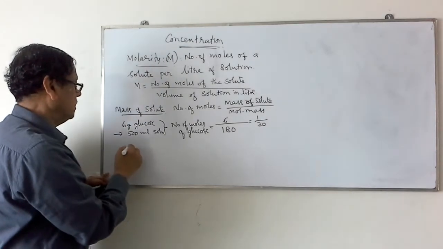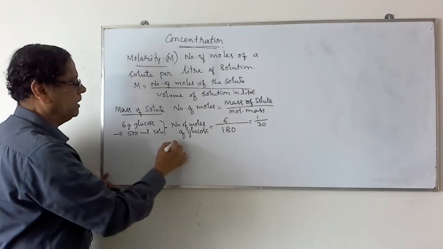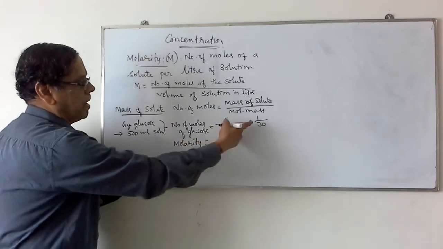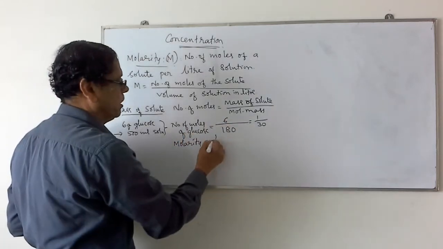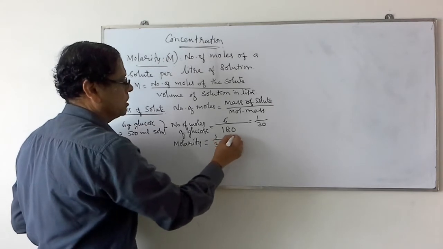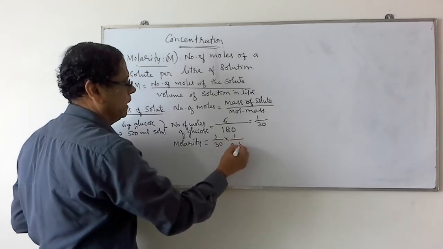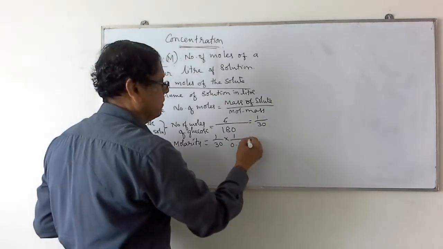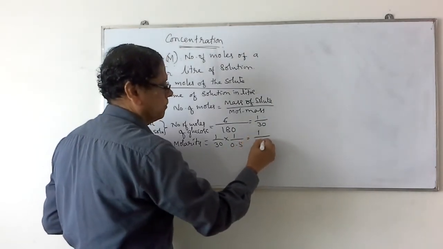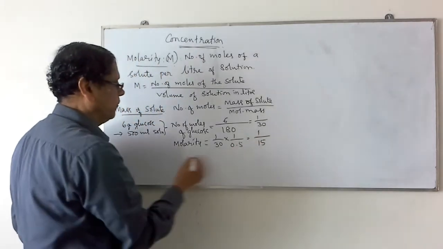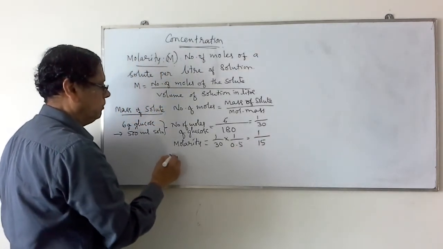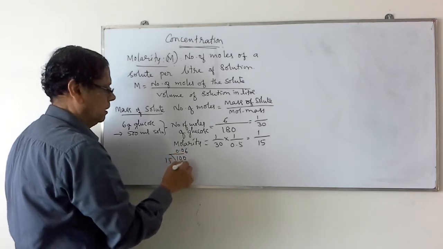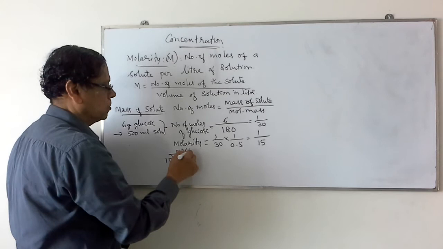Now let us consider the calculation of the molarity of the solution. Molarity is equal to the number of moles of the solute, which is 1 by 30, divided by the volume of the solution, which is 0.5 liters. 500 ml of solution corresponds to 0.5 liters. So it is 1 by 15. If you simplify this, 1 by 15, it will be 0.0666 and so on, it continues.